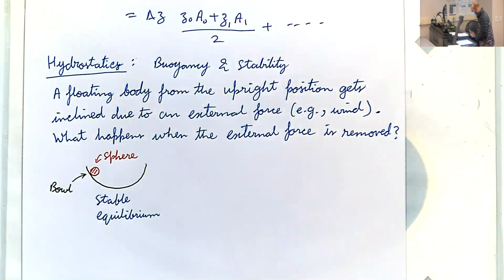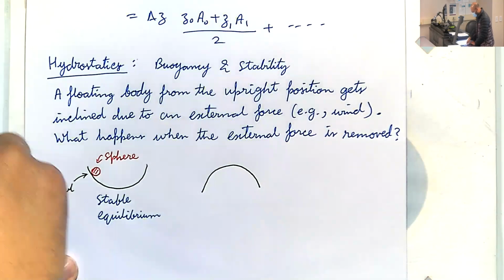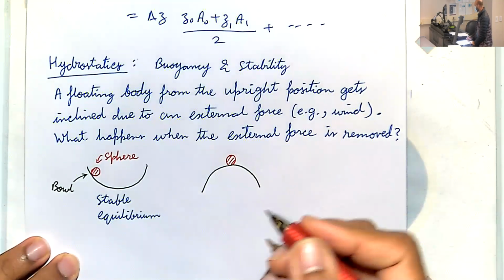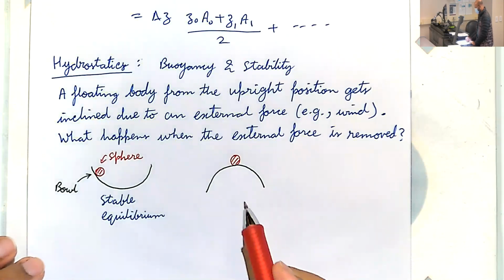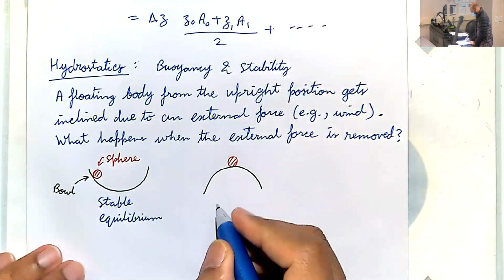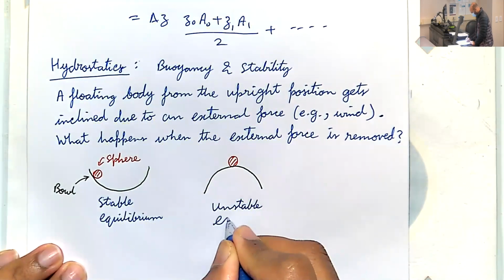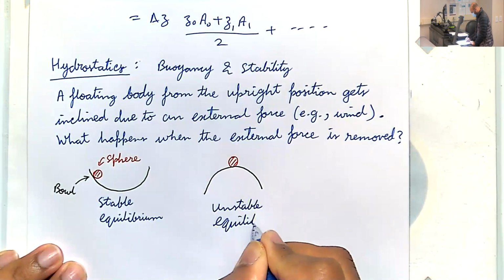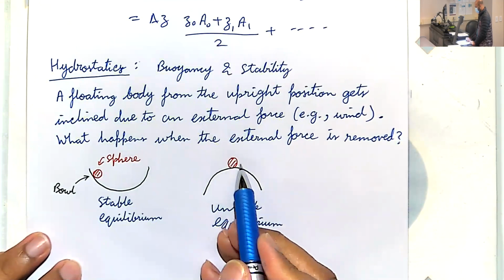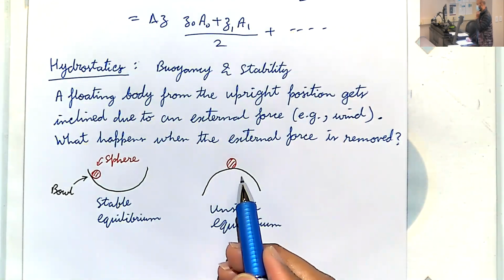Now let me turn the bowl upside down and put a ball on top here. Now it's easy to see if you give it a nudge, that's unstable equilibrium. Why unstable? Because there's no way the ball is coming back to the top once I give it a nudge.